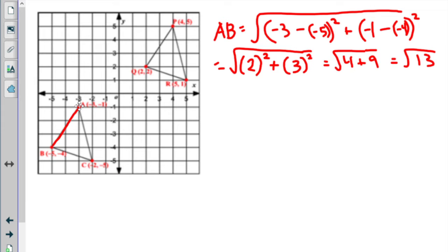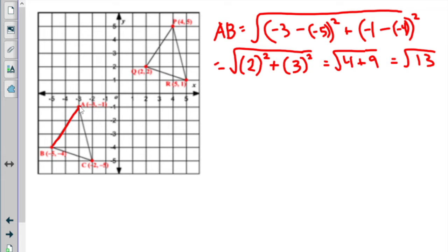Okay, zooming out from all those details, remember, big picture. We are looking to match a side on the other triangle with this distance from A to B. Was this a translation, rotation, or reflection? It was a translation. It was shifted up and to the right.